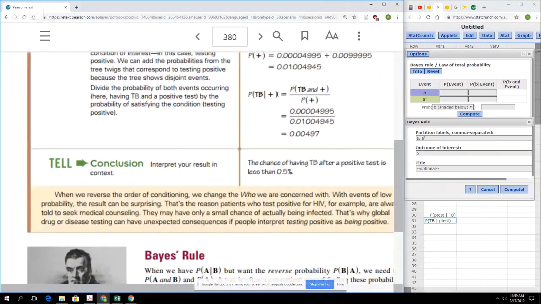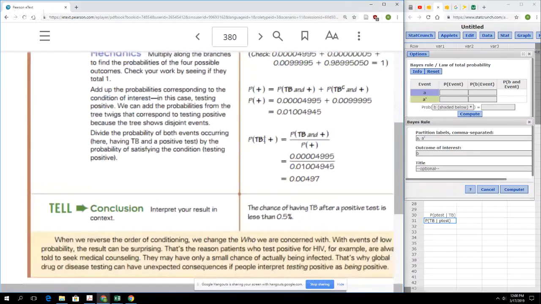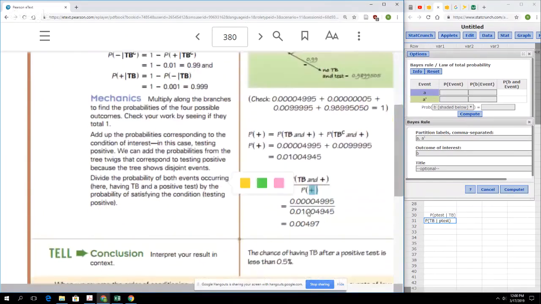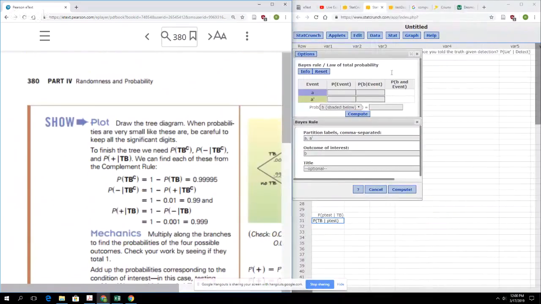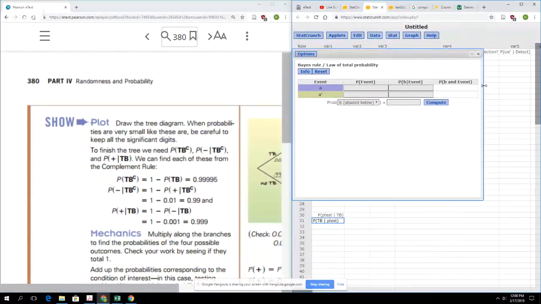That is not a problem, right? If I want to reverse a given probability like this, I can do the probability that I have TB and a positive test and draw the tree. I've got it right here for you, and multiply or add those two probabilities together of getting a positive test. So this is just a shortcut. If you understand that stuff, this is just a shortcut for getting there.